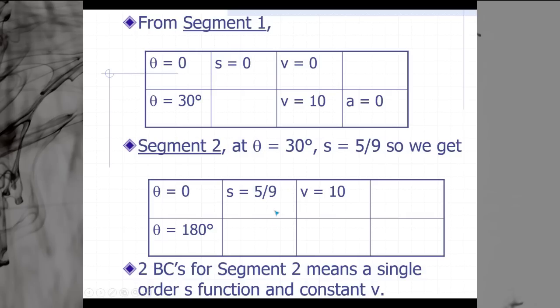So the highest power will be 1, meaning we have a line for our position equation, which we would expect, because a line for position means we're going to have a constant value for our velocity, and that's exactly what we should have. If we were to set any other boundary conditions, we'd have a second order position, and we'd therefore be having an increasing velocity, which we do not want. And so this is the final result for our segment 2 boundary condition table.